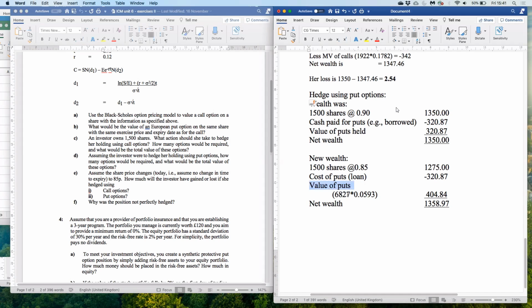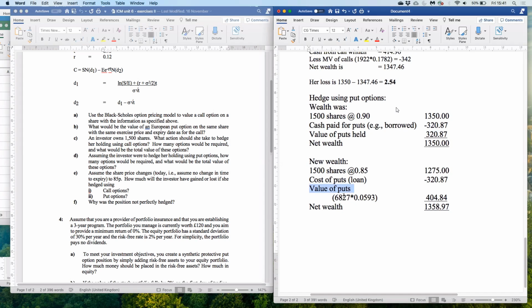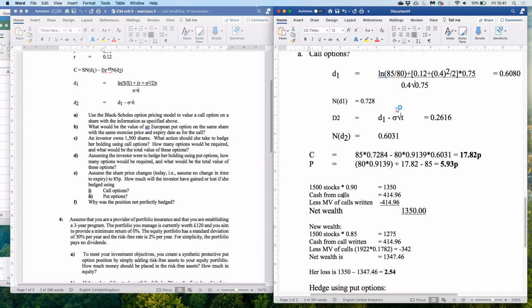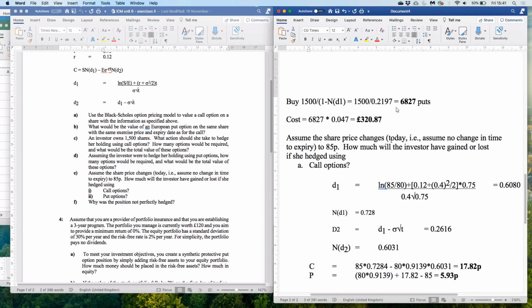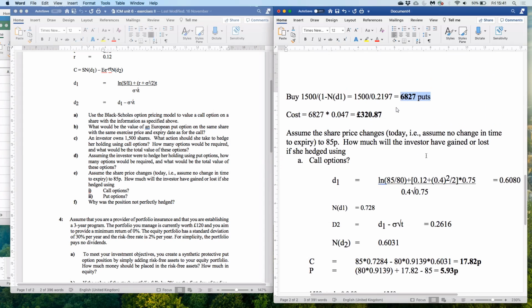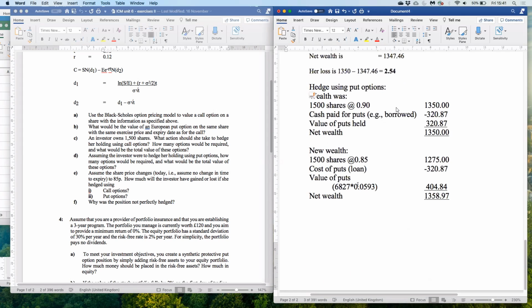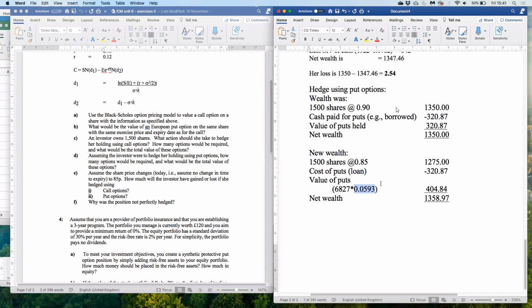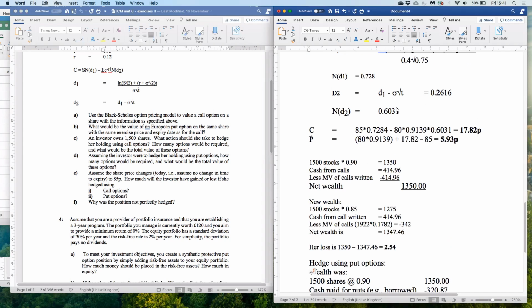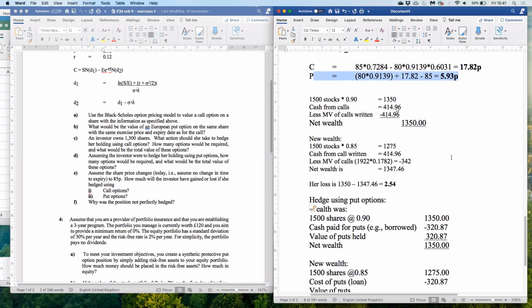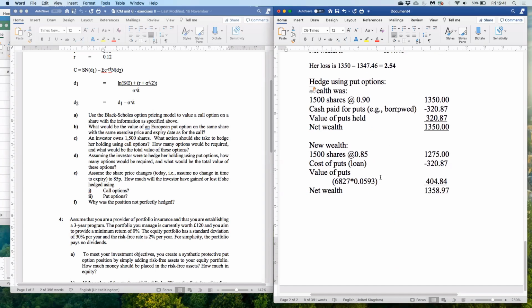The value of the puts is the number of the puts multiplied by the value of the put, 5.93 pence or 0.0593, which equals 404.84.